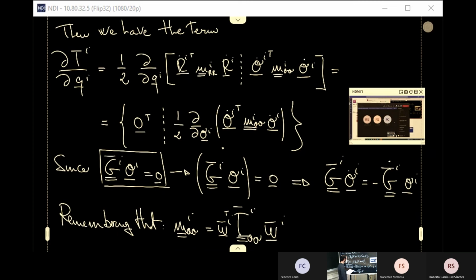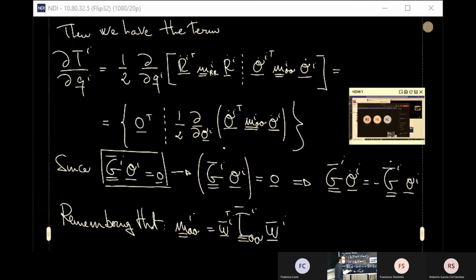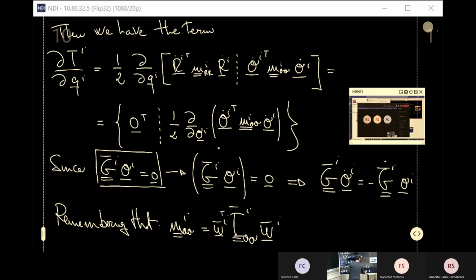This you have seen already. So we can write the following: dT over d qi is equal to the following. Here we have, so not zero, this is 0. It's not theta, it's really 0.